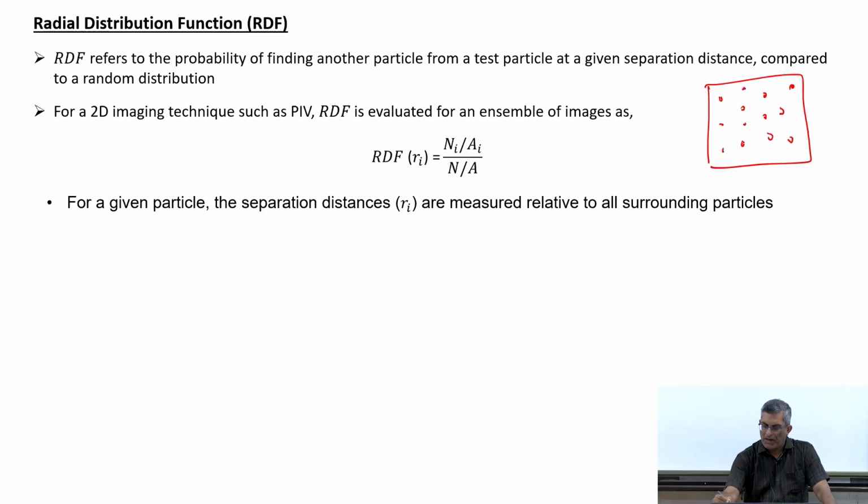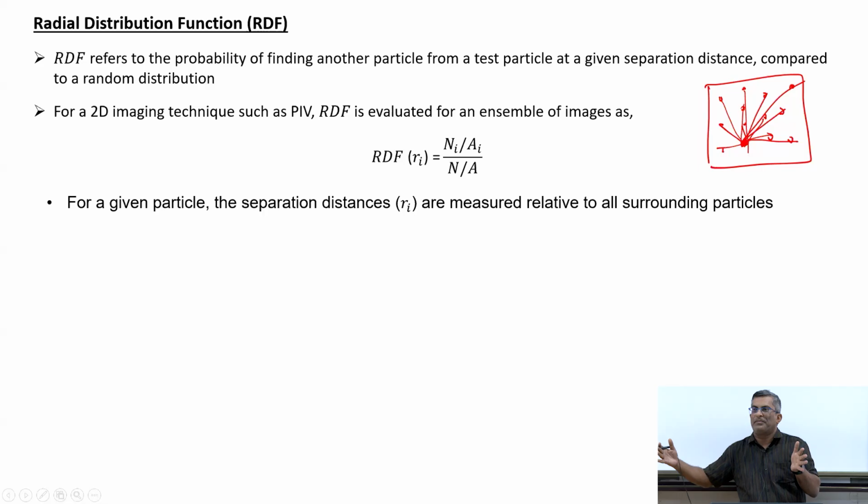So, you choose one particle and you calculate the separation distance with respect to all particles. So, you calculate all separation distances and you do this for all particles. Okay. Then you do the same thing for all images also.